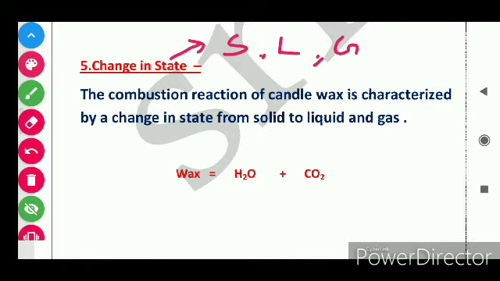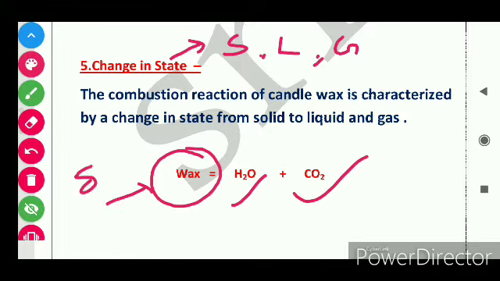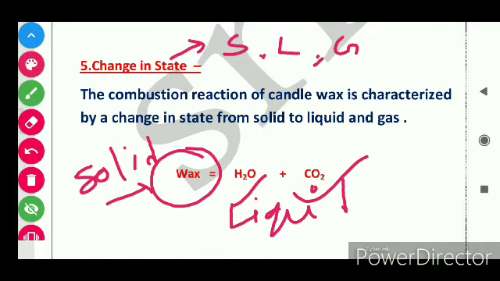For example, when wax is burned, then water and carbon dioxide gas are formed. Wax is solid, water is liquid, whereas carbon dioxide is gas.